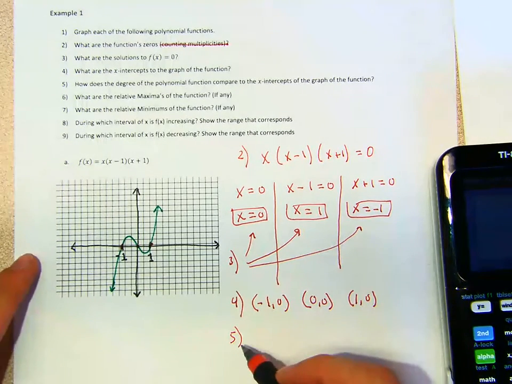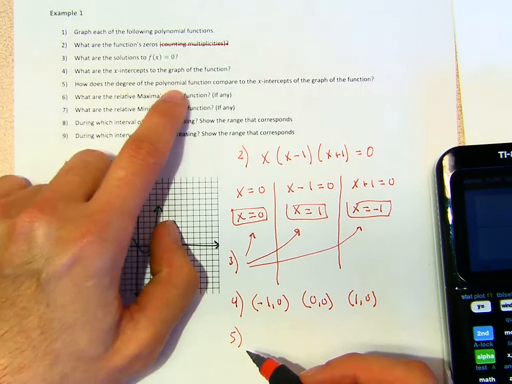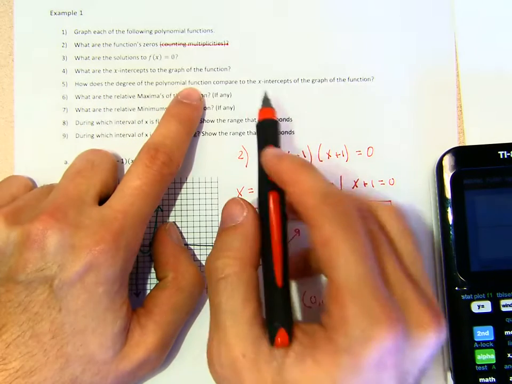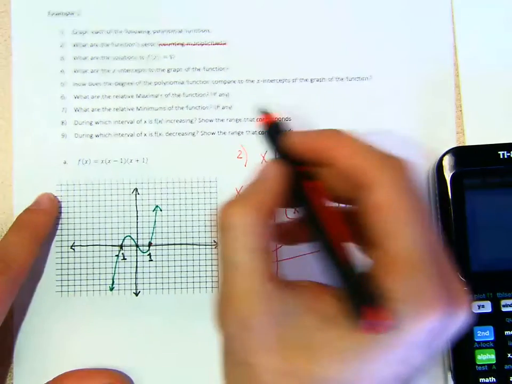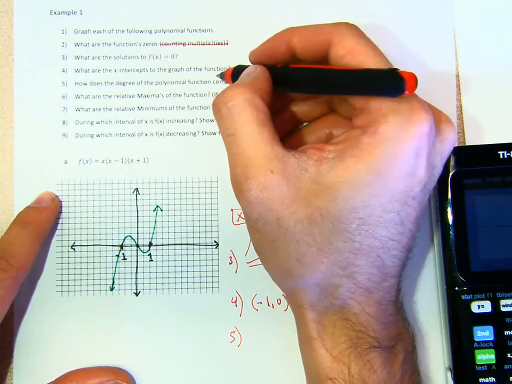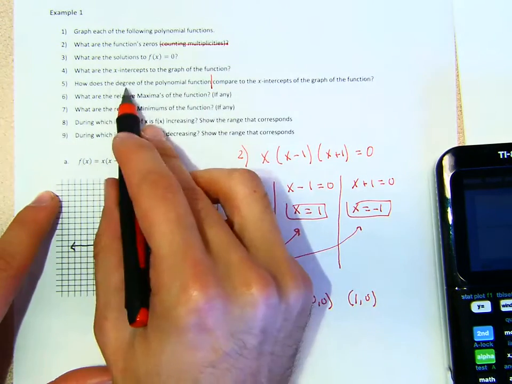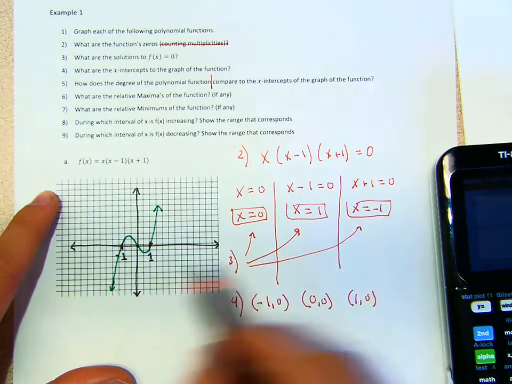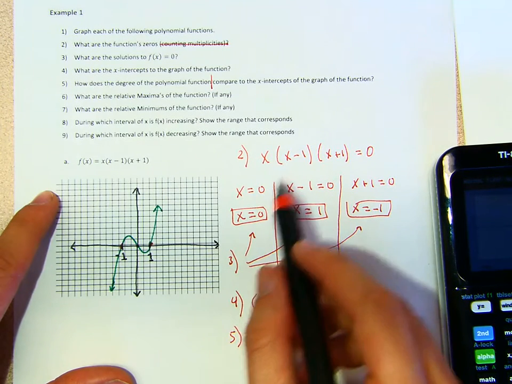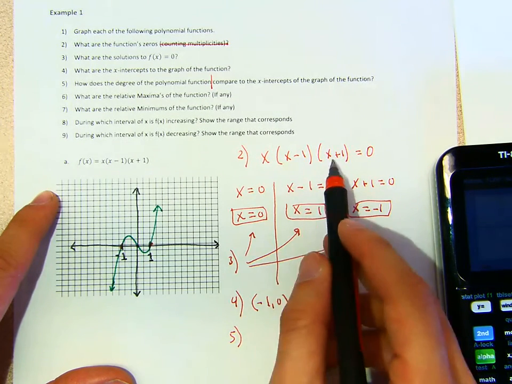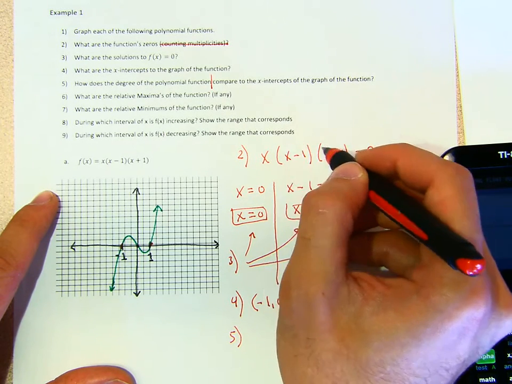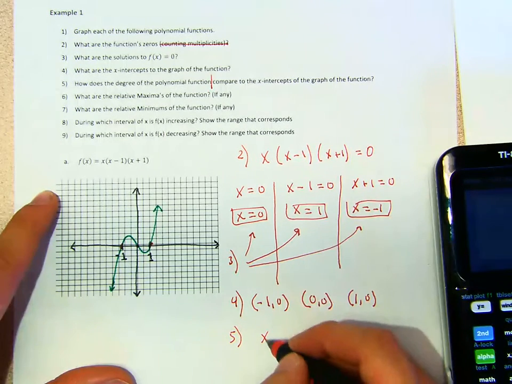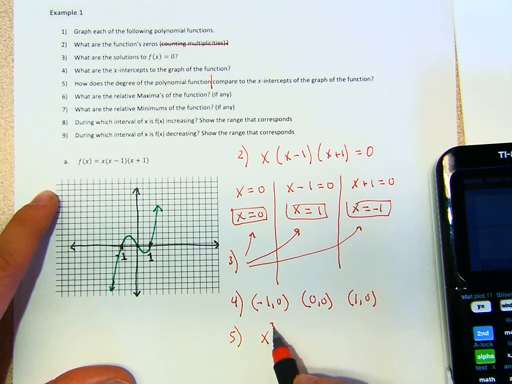Let's look at 5. How does the degree of the polynomial compare to the x-intercepts of the graph of the function? So let's just look at it from one part. What does it mean to be the degree of a polynomial? The degree of the polynomial is, if I were to multiply this whole entire thing, like if I have x times x times x, the highest exponent eventually will be 3.